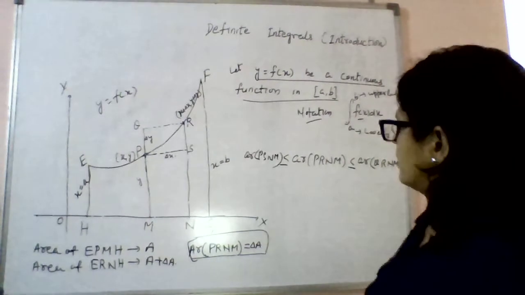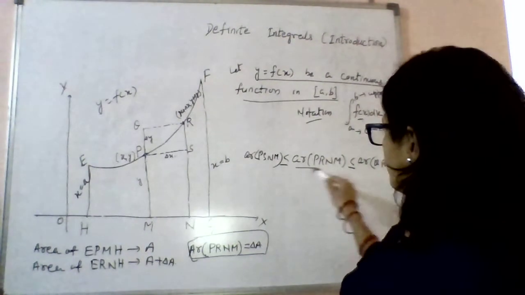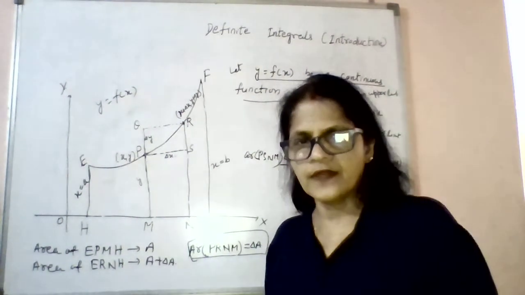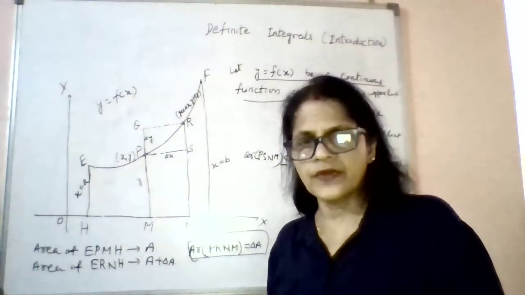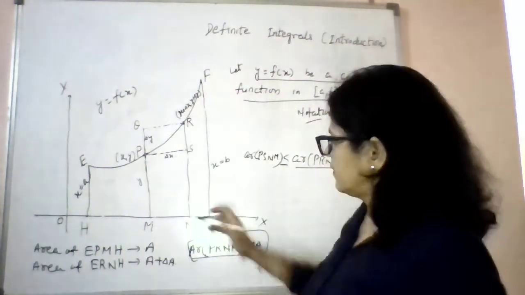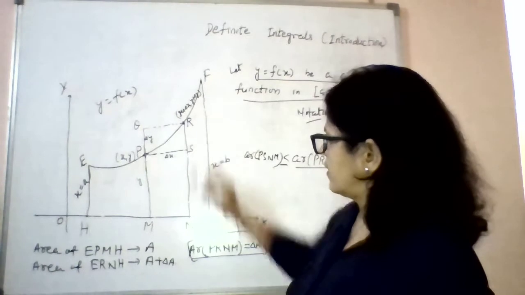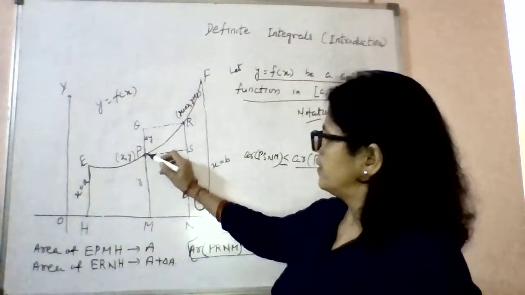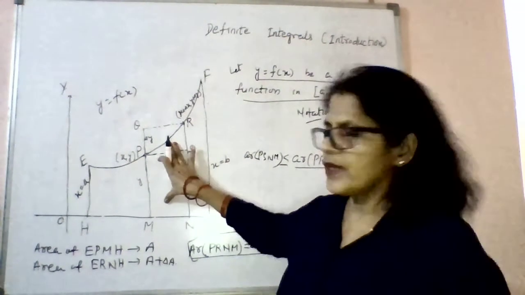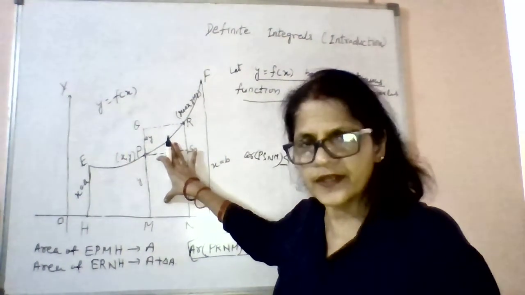Okay, so see, because the area of PRNM is not a regular figure, we can find the area of a square, rectangle and circle, something like this. But whenever you are given a figure like PRNM, because of this curve, because of this shape, we cannot find the area directly, right?